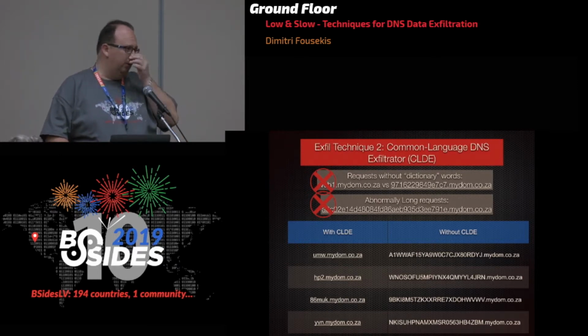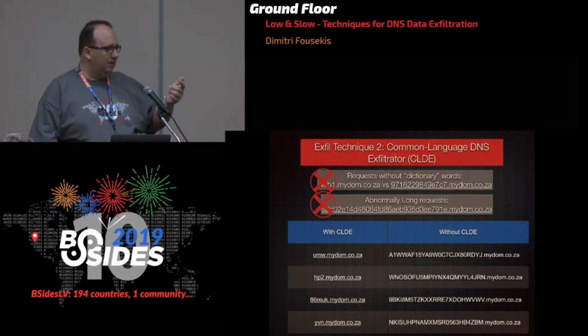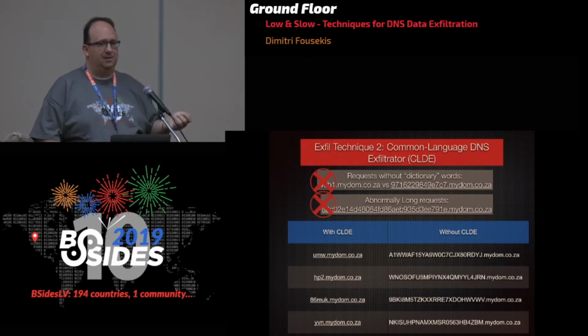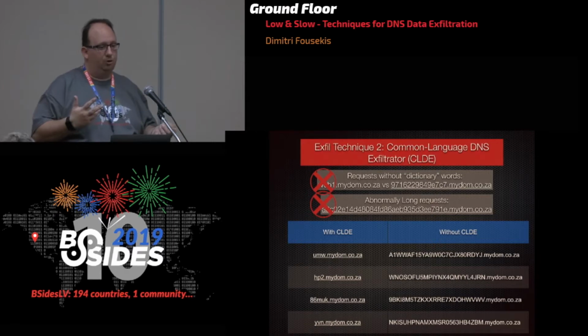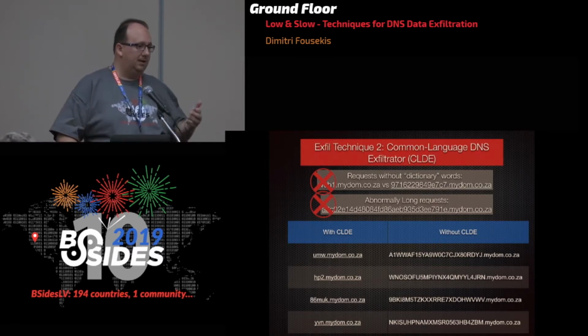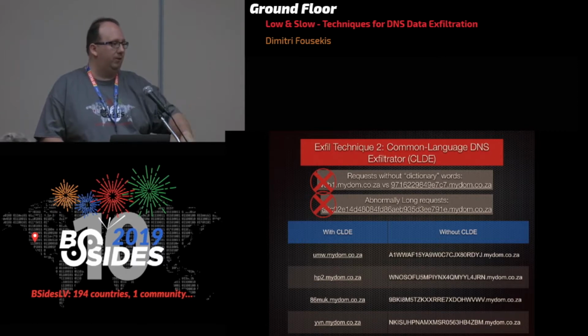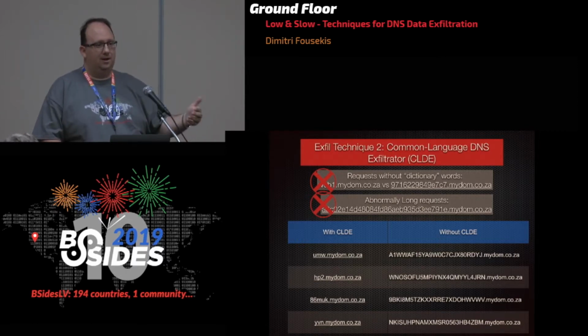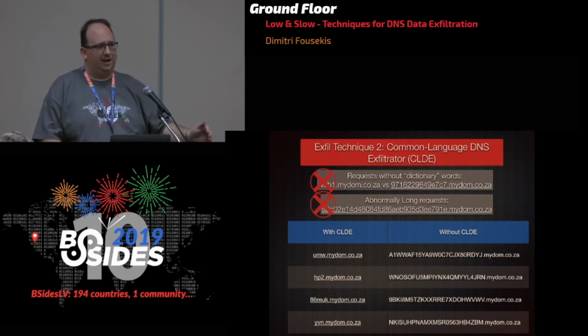So what we set out to do is create a framework of sorts that allows us to take this data that we want to exfiltrate through DNS and convert it into DNS queries that look like real-world DNS queries, and then push those out to our custom DNS server. Because what will happen then is that statistically we're still following things like there could be English words, they exist in a dictionary, they look like common system names, and so we can push data out like that.